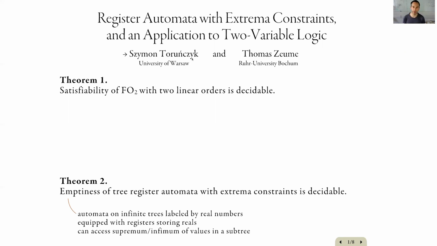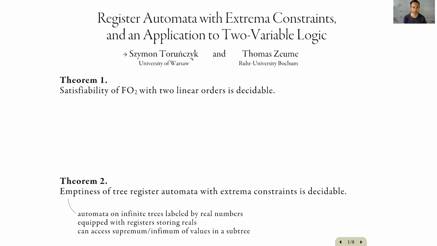And they process infinite trees where every node is labeled by a data value, which is a real number, and the automaton can store those data values in its registers and compare the values with respect to the total order of the reals. Moreover, the automaton can access at any point, at any node of the tree, the supremum or the infimum of some values in the subtree rooted at the current node.